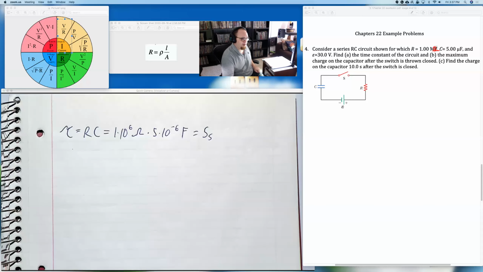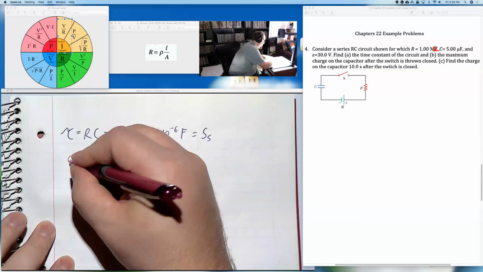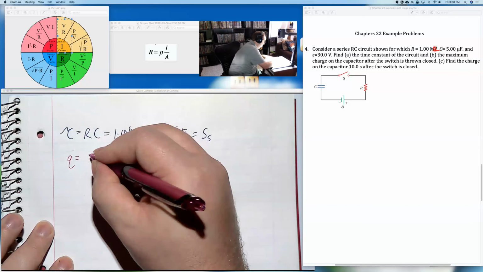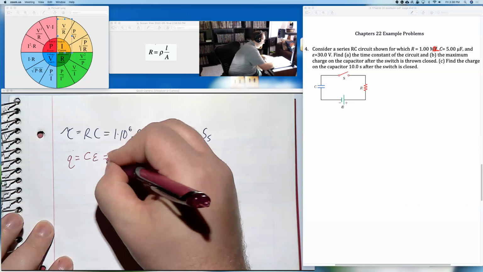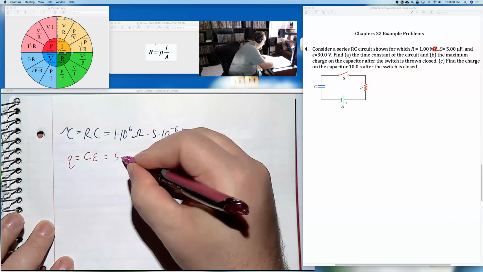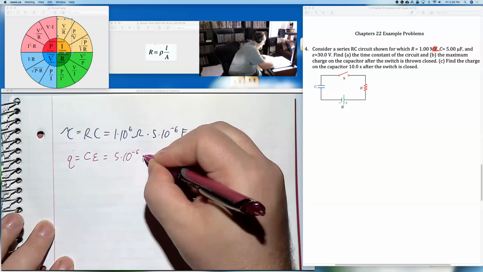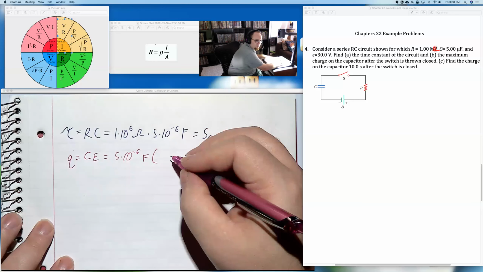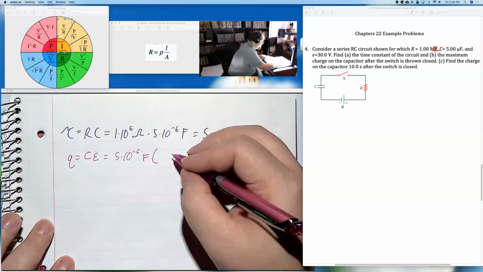All right. B, maximum charge. The maximum charge, Q equals CV, which in this case, Q equals C times epsilon. So it'll just be 5 times 10 to the negative 6 farads times 3 volts.